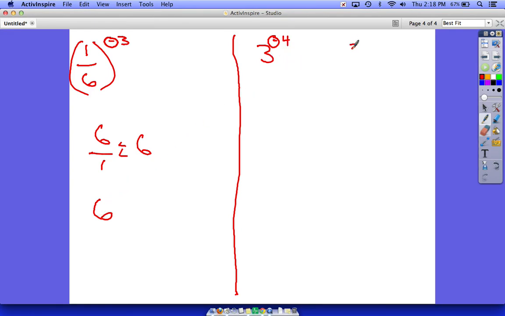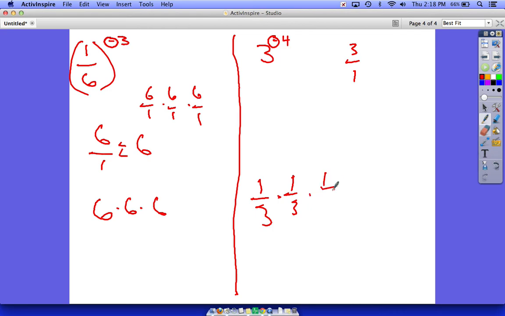Well, remember, 3 is the same thing as 3 over 1. So if I do the reciprocal and flip that around, I'm going to be working with 1/3. So now here I need 6 times 6 times 6, or 6 over 1 times 6 over 1 times 6 over 1. That'll be the same thing. That was to the third power. Here it's going to be to the fourth power. So it's 1/3 times 1/3 times 1/3 times 1/3.